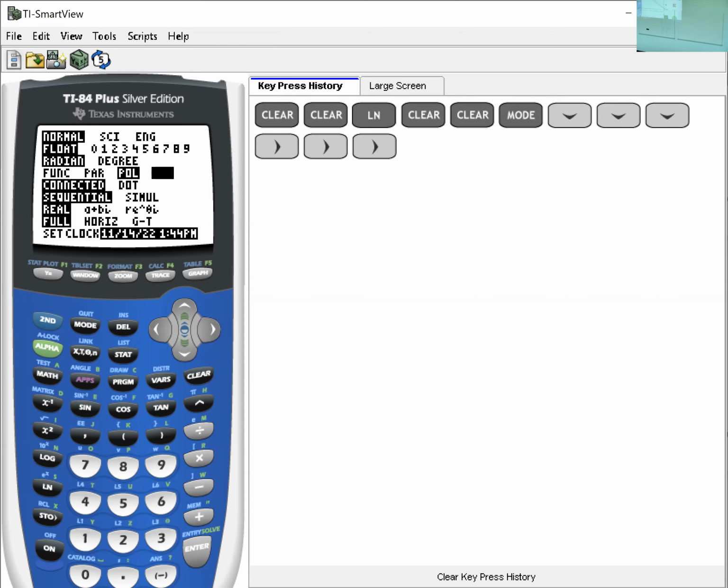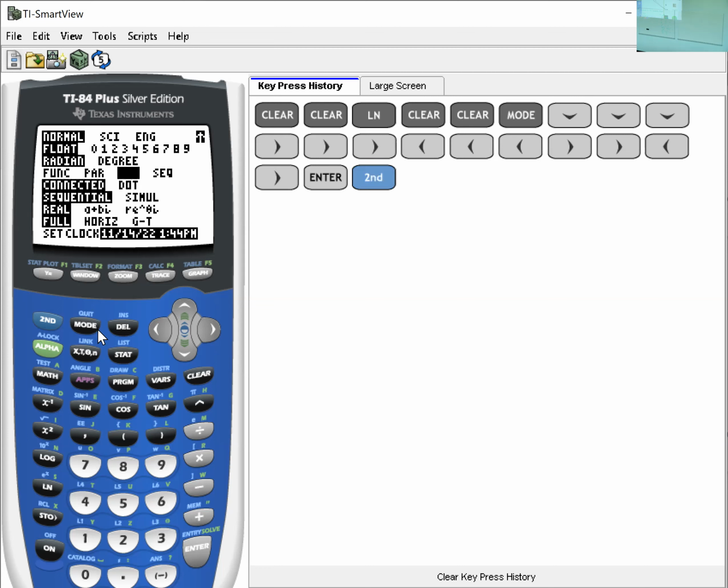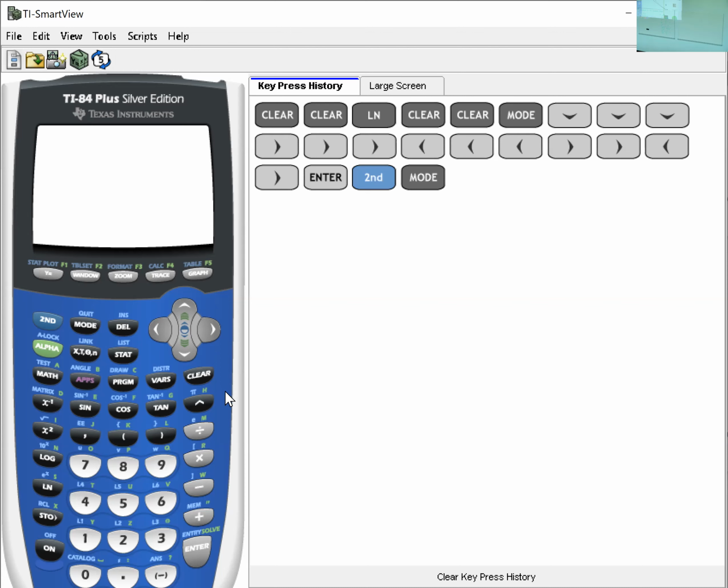Unless you're going to get into calculus, you wouldn't need parametric or sequential, that is, if your next professor lets you use the calculator. So make sure you switch it to polar with second mode.